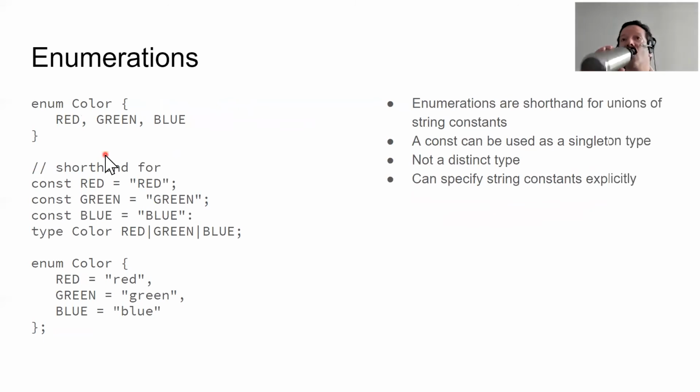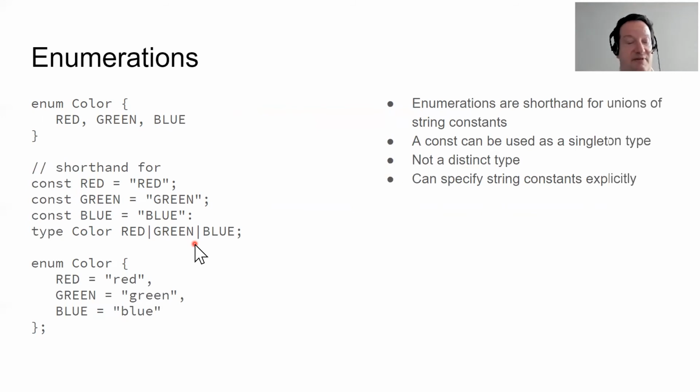Enumerations. An enumeration is just a shorthand for a union of consts. So if I say enum red, green, blue, that actually is shorthand for defining three constants whose values are strings, and then making a type of the union. So this also illustrates that you can have what are called singleton types.